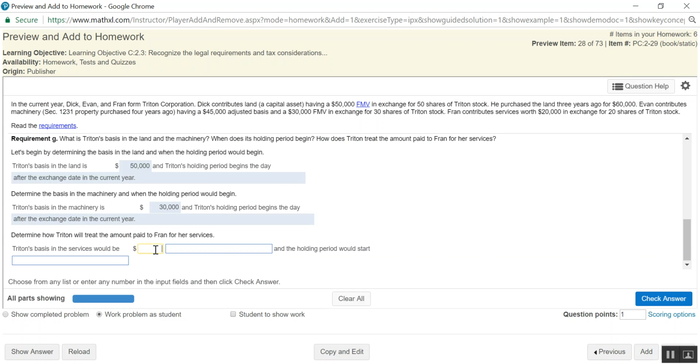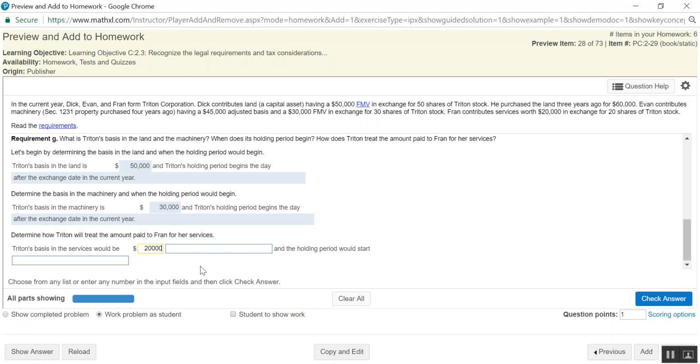And then what do we do with the services that Triton pays to Fran for her services? So Triton's basis in the services would be zero if they actually expense those services.